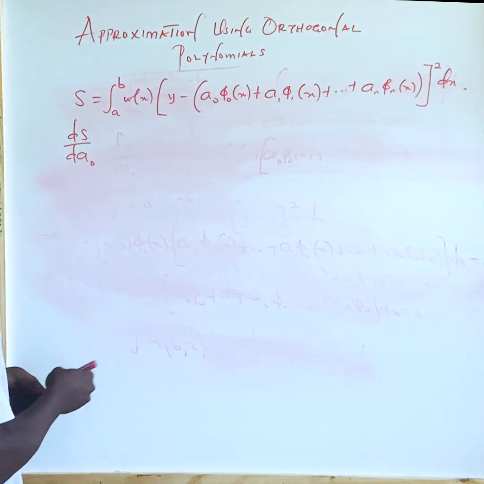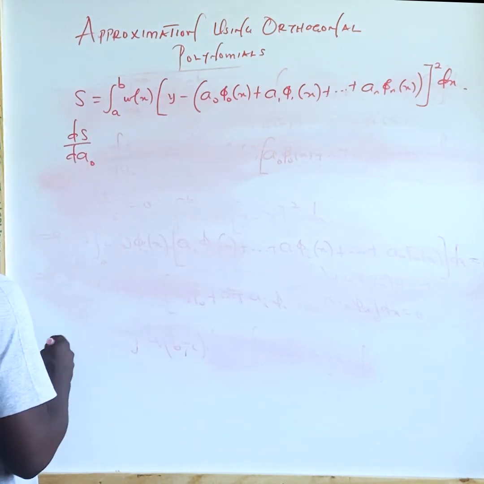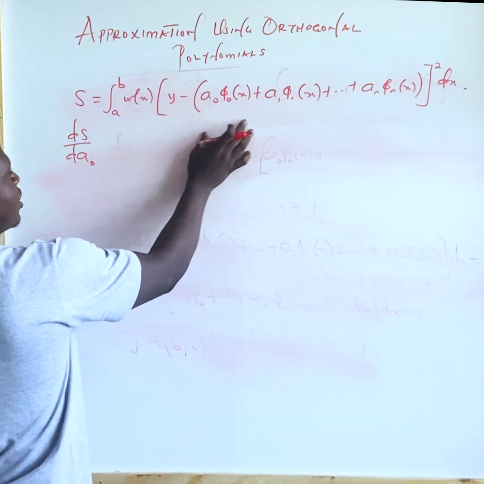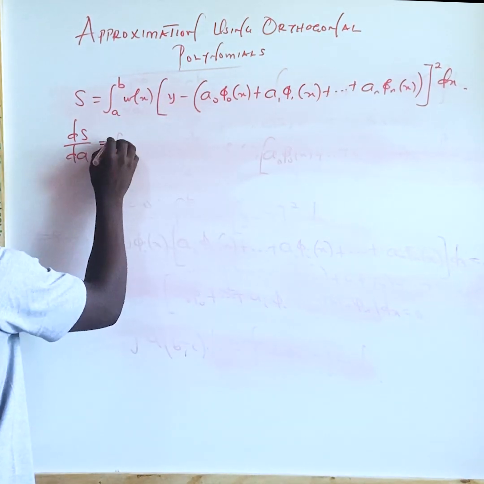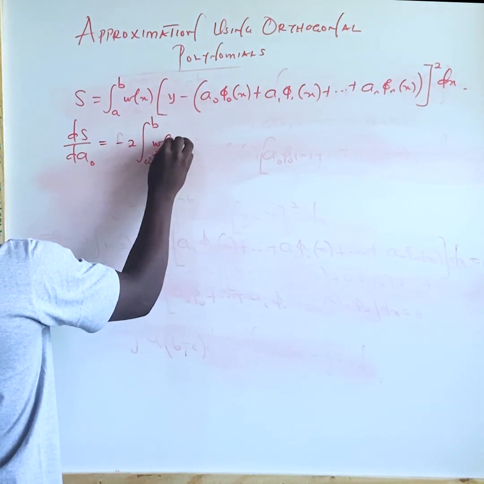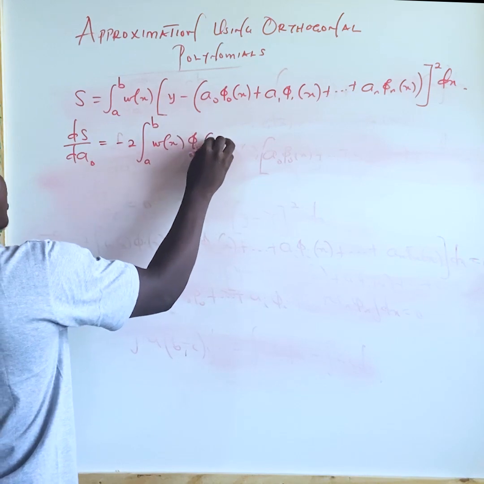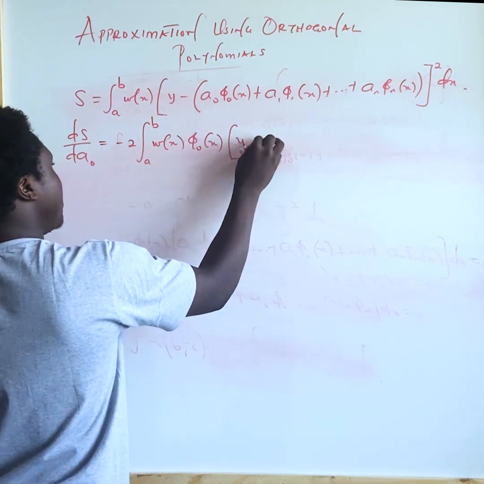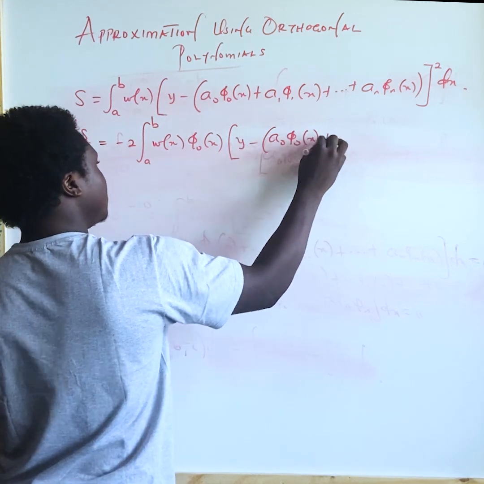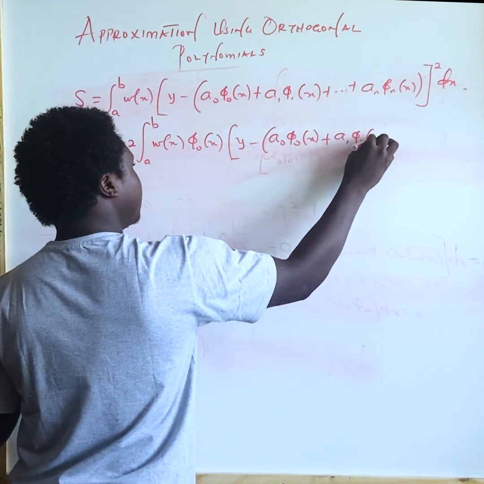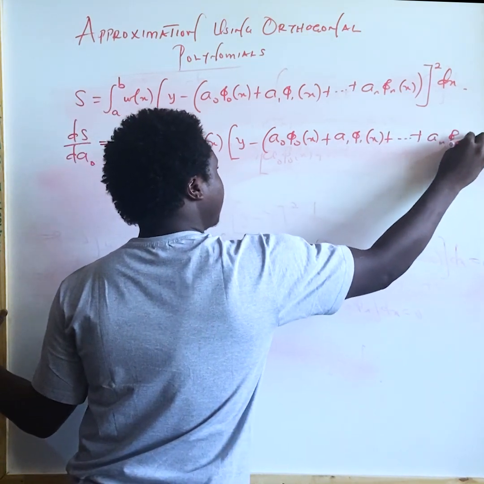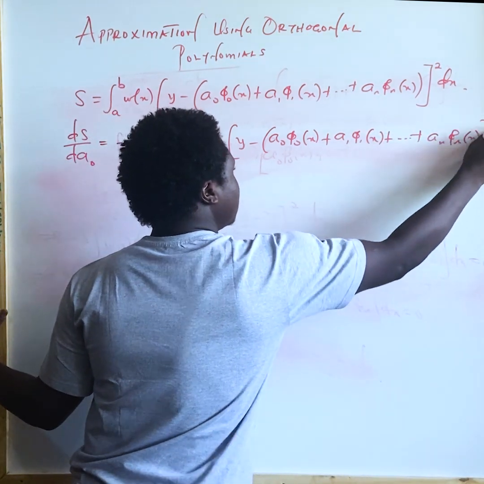So at the ds by d a naught, since our a naught here is the variable, then every other one becomes a constant. So your w is a constant, your y is a constant, every other thing becomes constant. So we have this to be equal to minus 2 times the integral a to b of omega x phi naught of x into (y minus (a naught phi naught of x plus a1 phi 1 of x up to an phi n of x)) dx.